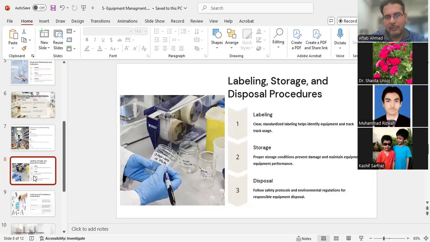And then comes the disposal. So we have to follow safety protocols and environmental regulations for responsible equipment disposal. If you are working in an incubator and you have put the TB samples, or other pathogen samples there, then disposal says that you have to ensure it's properly cleaned and then dispose of it.